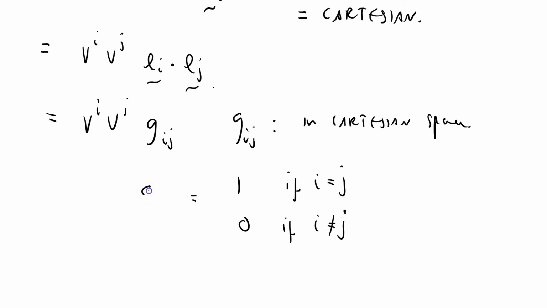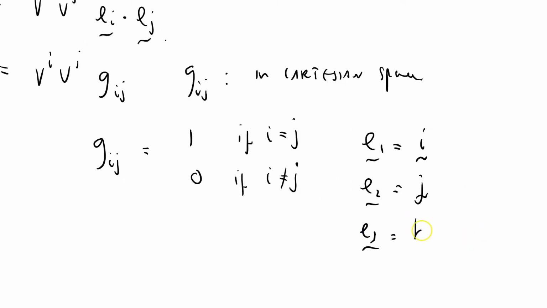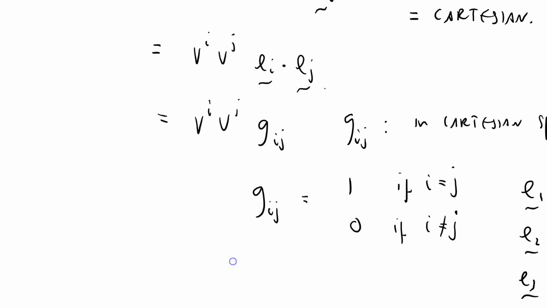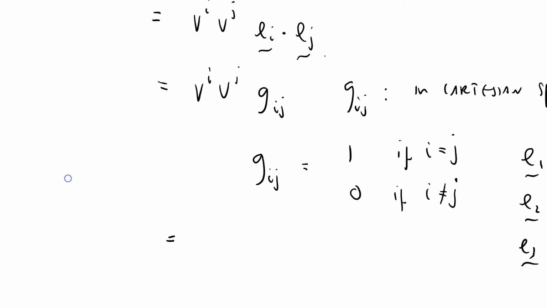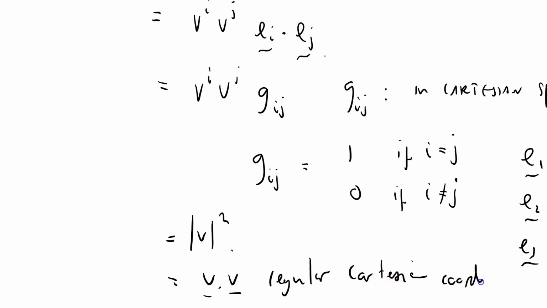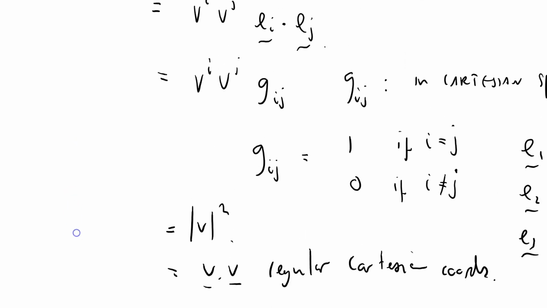Because we know that in Cartesian space, e_1 equals i, e_2 equals j, and e_3 equals k, where this is a nice orthogonal i, j, k system. Everything's at right angles, and everything's got unit vectors, so it's got this nice structure here. Equals the modulus of v squared, because it's equal to v dot v in regular Cartesian coordinates. Okay, that's quite important.